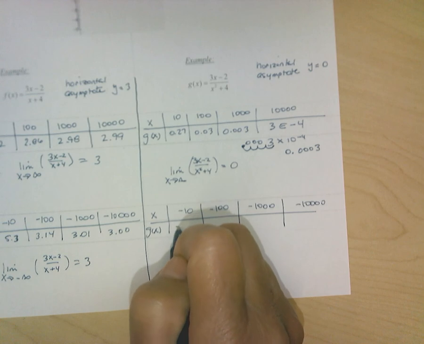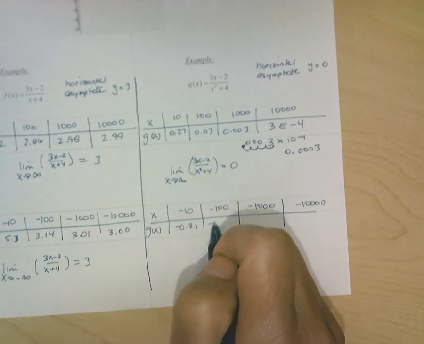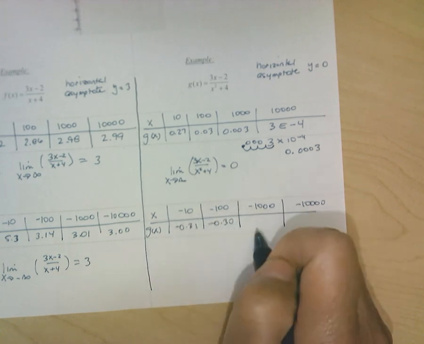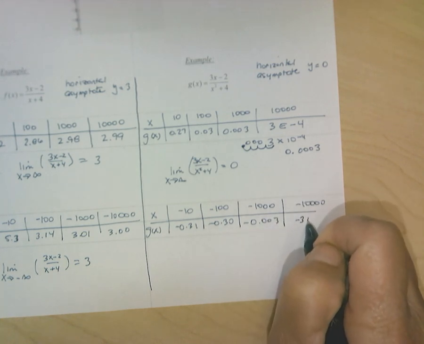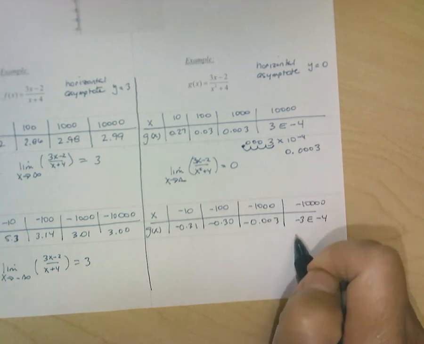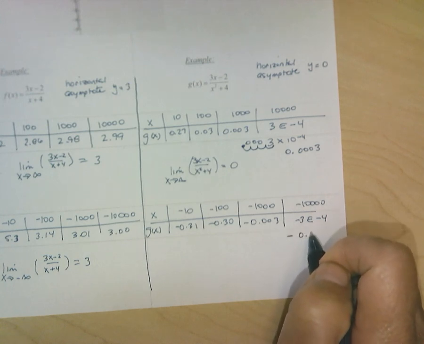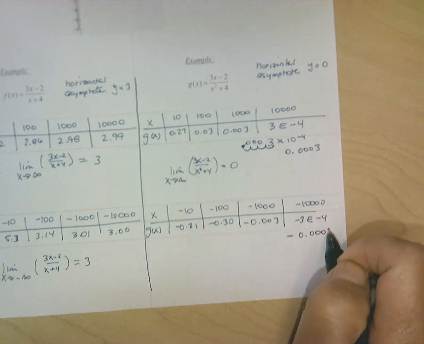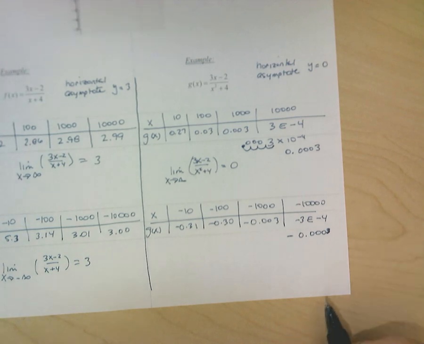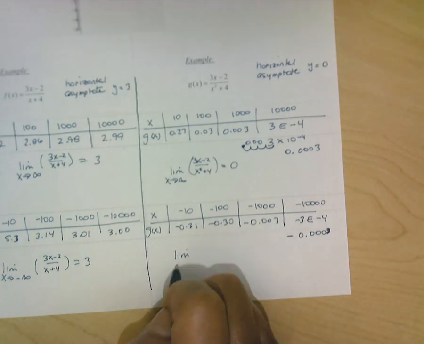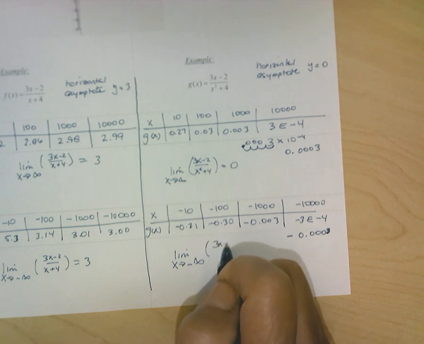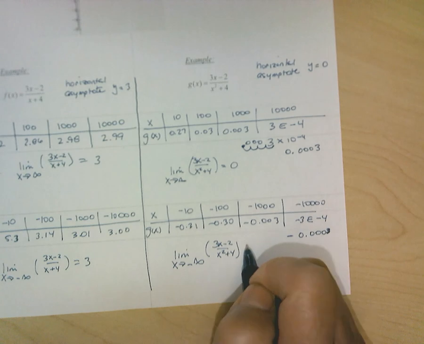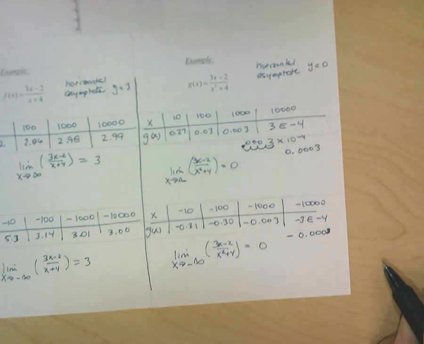The numbers I get, negative 0.31, negative 0.03, negative 0.003, and negative 3e to the negative 4, which we just talked about, so it's going to be negative 0.0003. So the limit as x approaches negative infinity of this function, 3x minus 2 over x squared plus 4, is equal to 0.